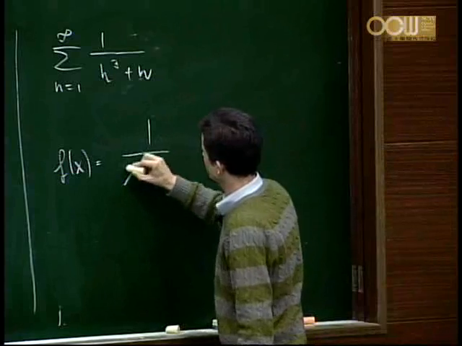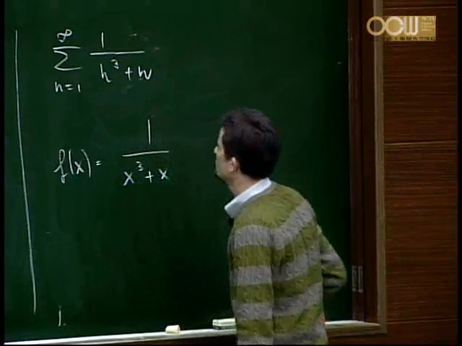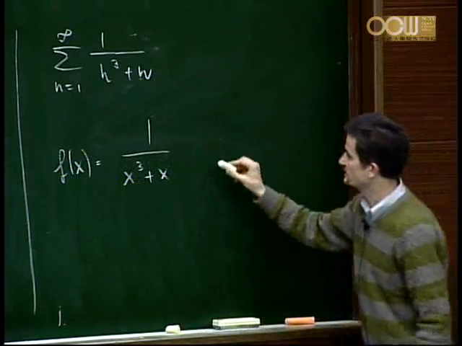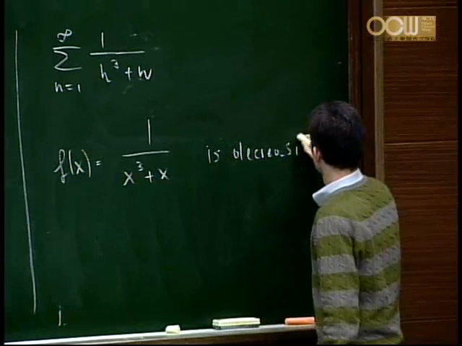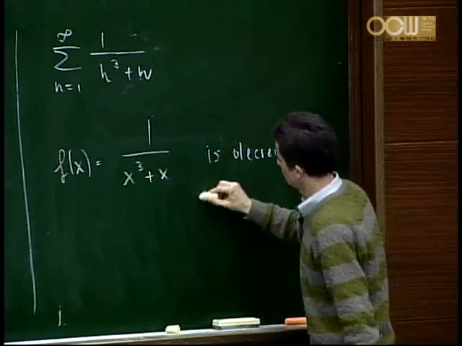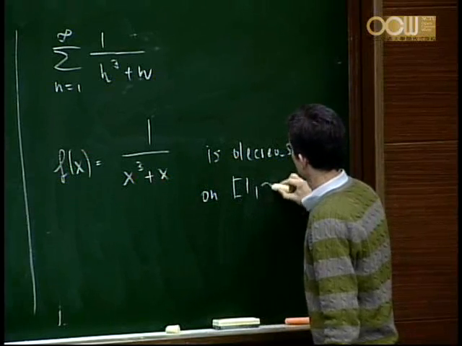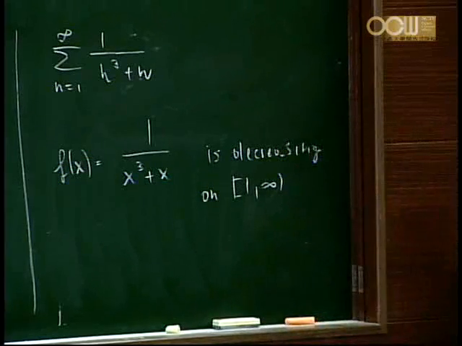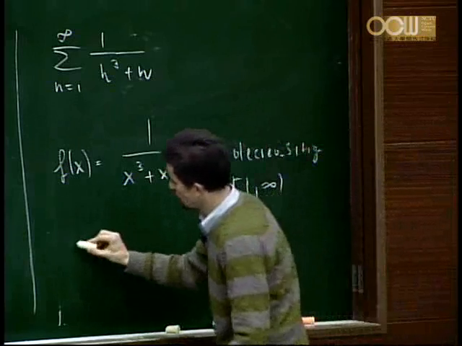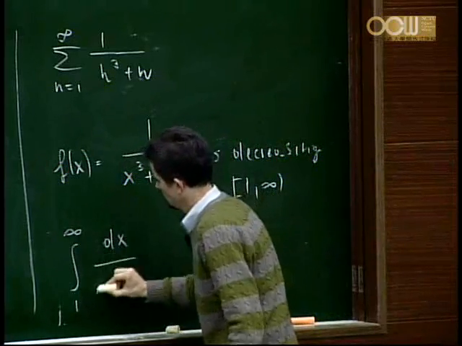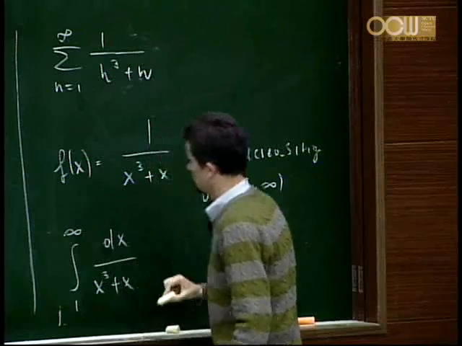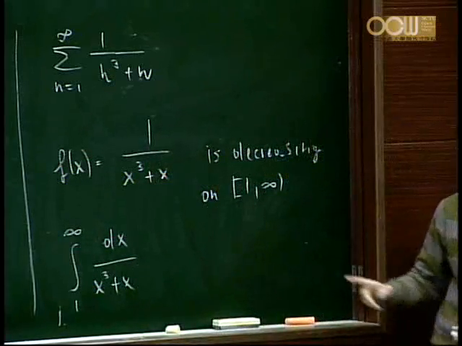What we are going to look at is this function here. This function obviously is decreasing. Actually, this is enough for us. Now what we have to look at is this integral here, and we all know how to handle such an integral.